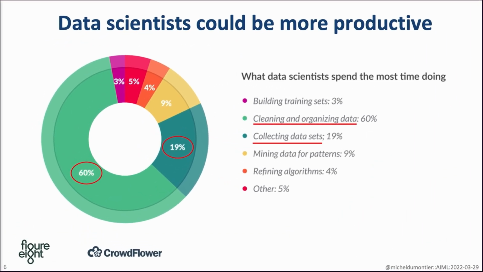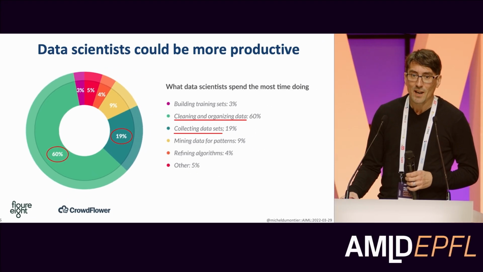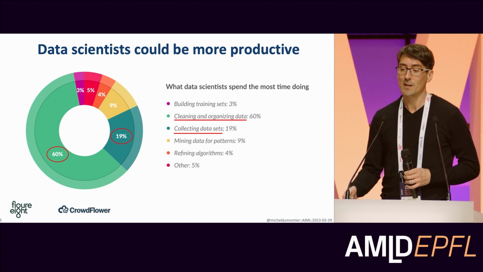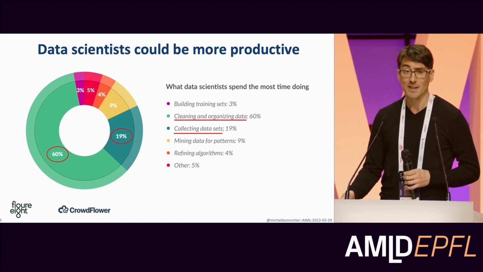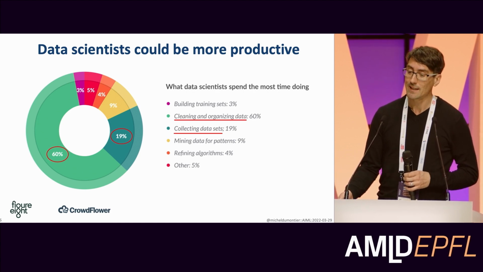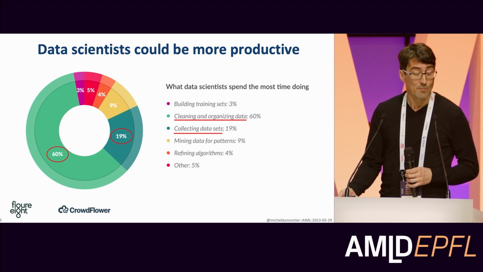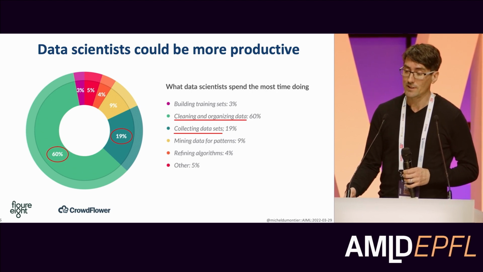Most data scientists have to find those data sets, understand them, repurpose them, and ultimately they spend only a little bit of time on algorithm development. So this is a relatively unproductive task. If somehow we could reduce the amount of time it takes for finding and reusing data sets, then we can make more discoveries and more effective discoveries.